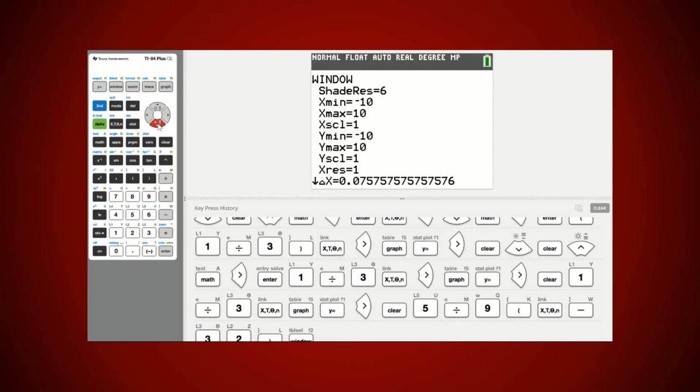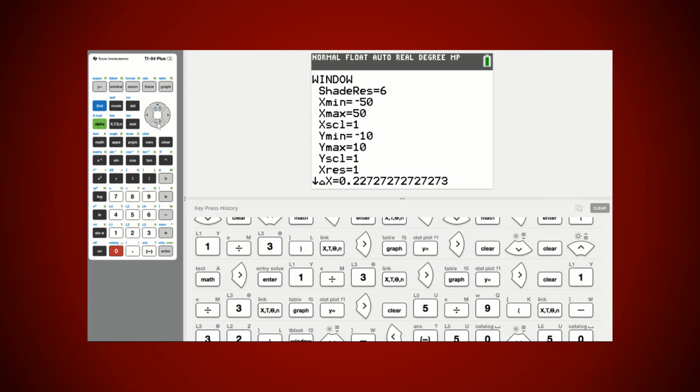So the x-axis is degrees in Fahrenheit. Let's change x minimum to -50, and let's move x maximum maybe to 50.